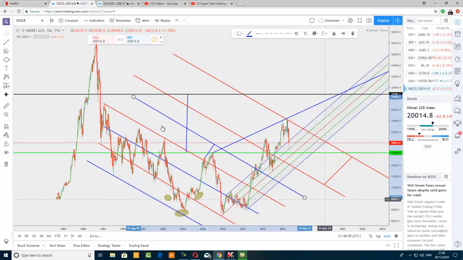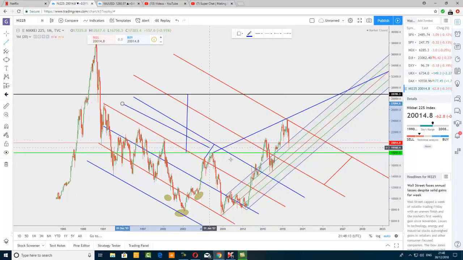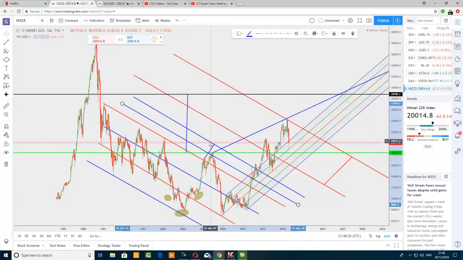We can say that it stopped near the median line of that smaller channel, talking about the one from that blue line and the top of that red channel. It stopped near the median line of that projected smaller channel.